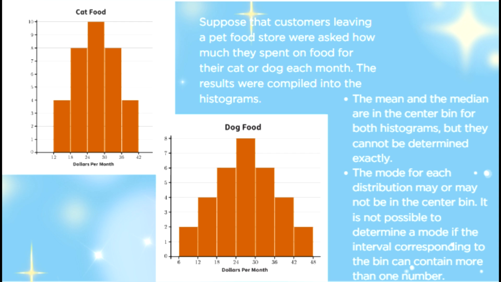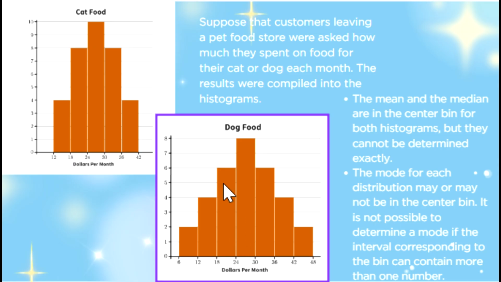The mode for each distribution may or may not be in the center bin. It is not possible to determine a mode if the interval corresponding to the bin can contain more than one number. So there might be 8 19s, or there might only be one of each number in here.